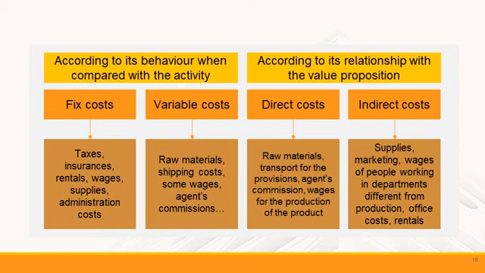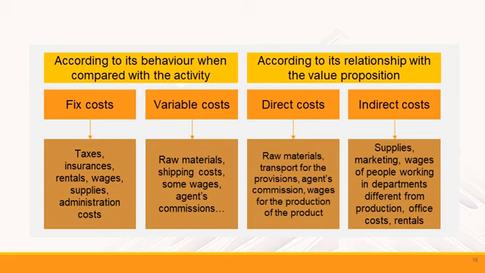Also the rentals, if I need, for example, to rent a factory or a flat in order to set the offices of my business, this is a rental that I'm going to pay month by month. Also the wages of my employees, and some supplies, for example, that are constant over time, and the administration costs.